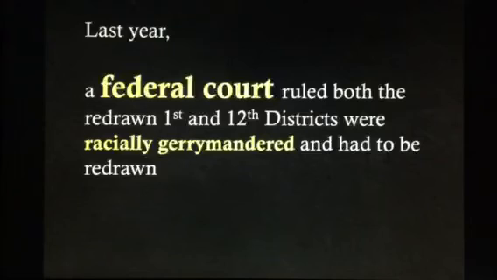Last year, a federal court ruled that the General Assembly had to redraw the 1st and 12th congressional districts because they were racially gerrymandered. Now, this time, the Republican Party's in control of the General Assembly, and they had redrawn congressional districts in our state as to benefit the Republican Party.